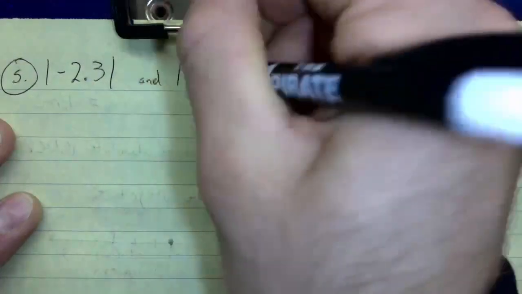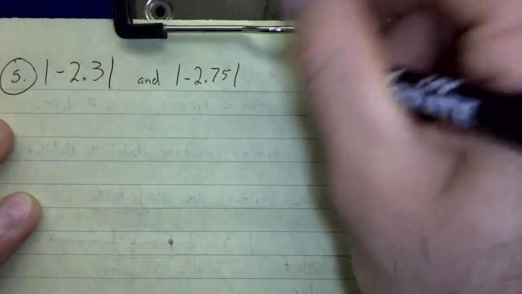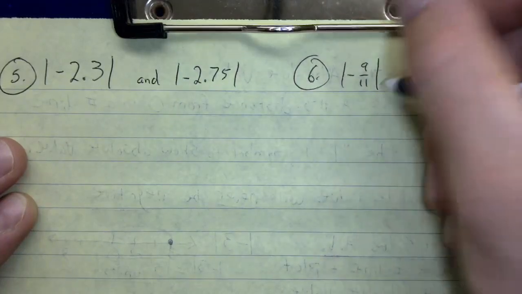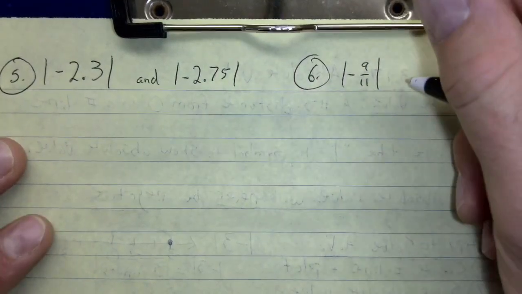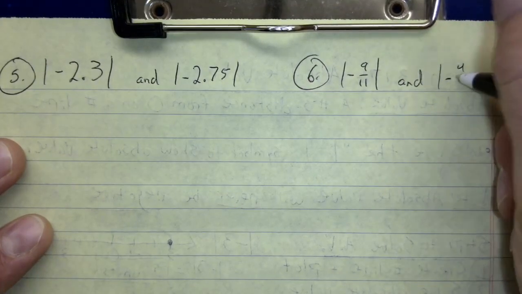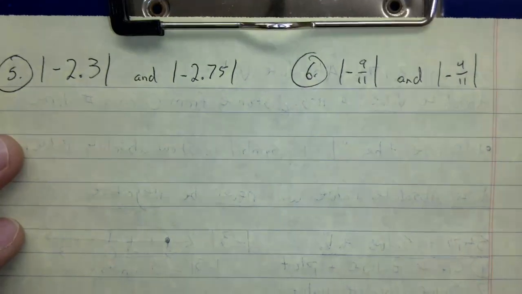Number 5 is the absolute value of negative 2 and 3/10, and the absolute value of negative 2 and 75/100. Number 6 is the absolute value of negative 9/11, and the absolute value of negative 4/11.